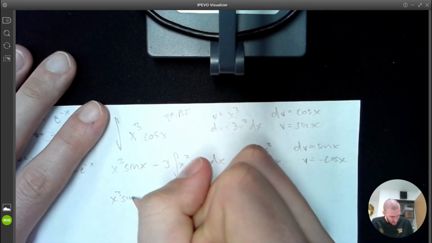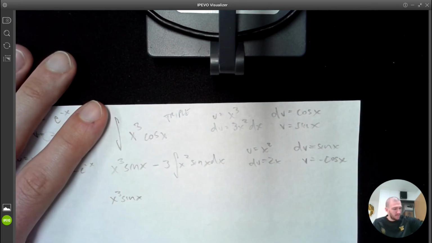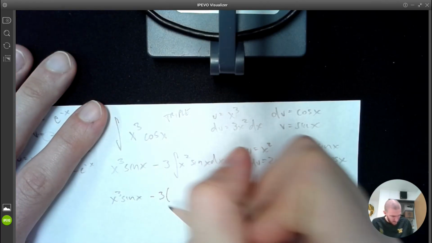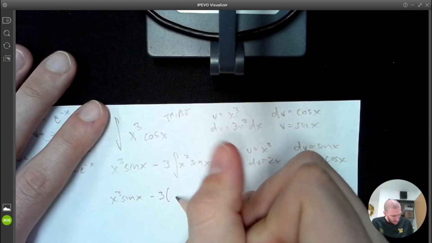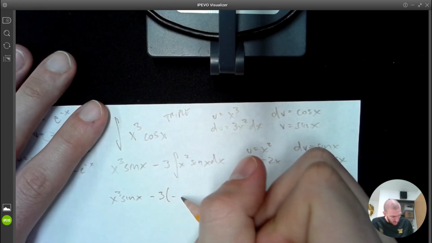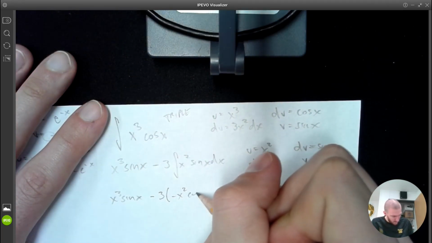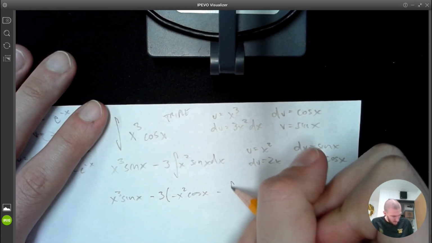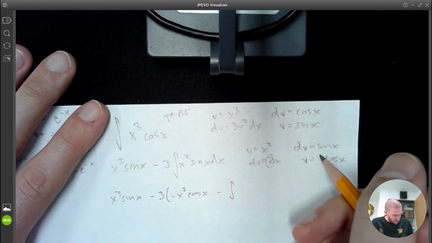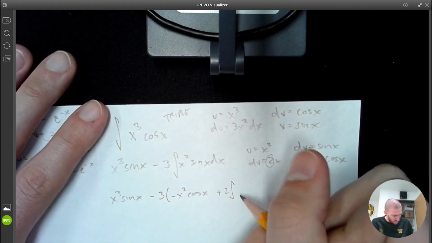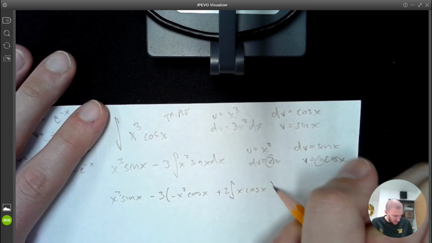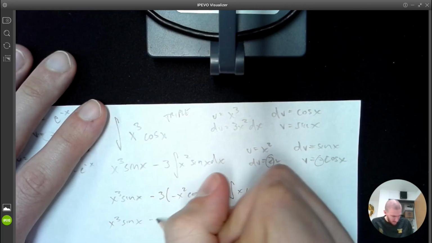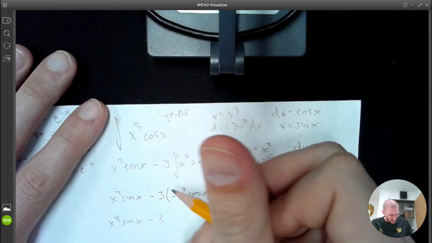x cubed sine of x minus 3, diagonal, negative x squared cosine x, minus the integral of negative 2x cosine x. x cubed sine x minus 3. Let's multiply this.